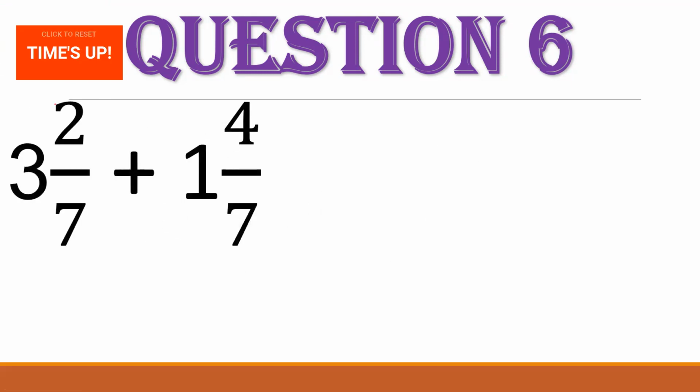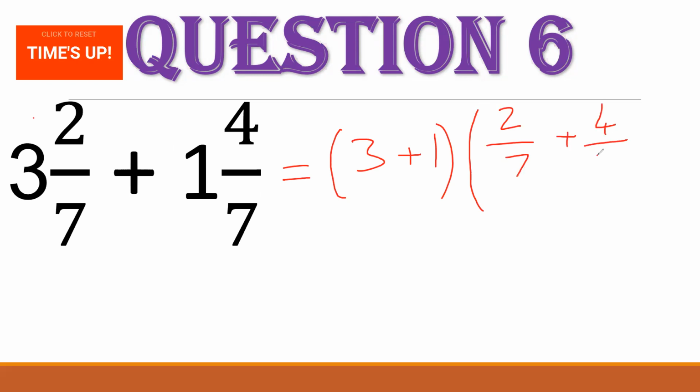If you see these numbers here, first of all, you must just write these two numbers first, 3 and 1. You can separate from others. Just add them first, 3 plus 1, you can say. And fractions 2 over 7 plus 4 over 7.